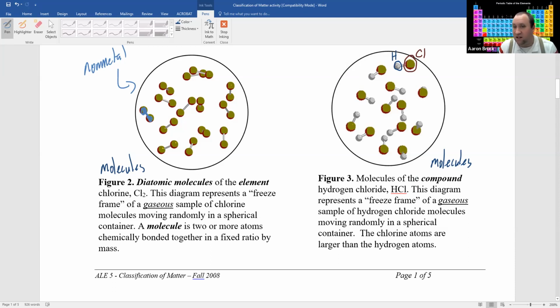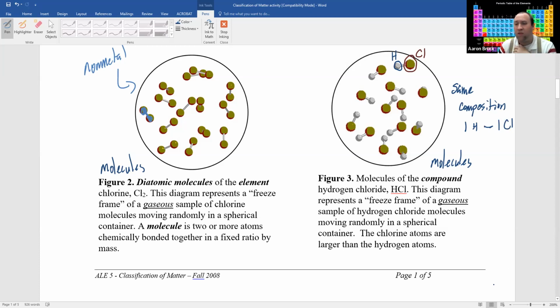The only difference is that every single molecule isn't composed of just chlorine, but we have hydrogen and chlorine. But we also notice that every single one of these molecules looks exactly the same. They have the same composition regardless: one hydrogen bonded to one chlorine.